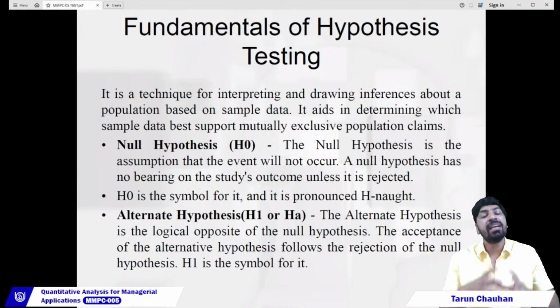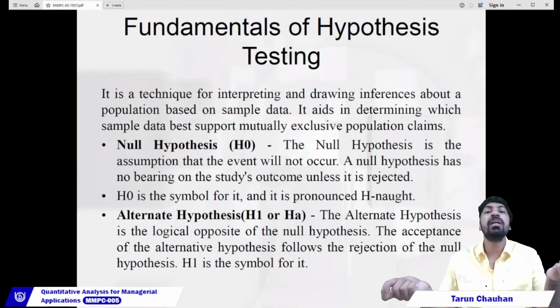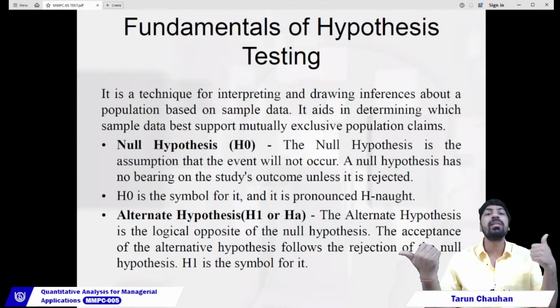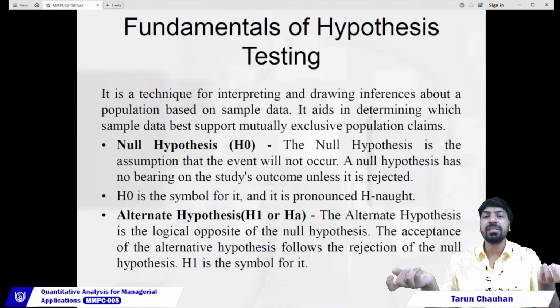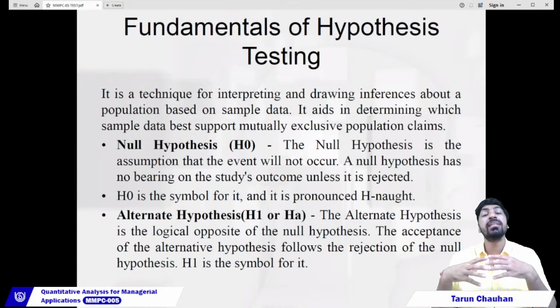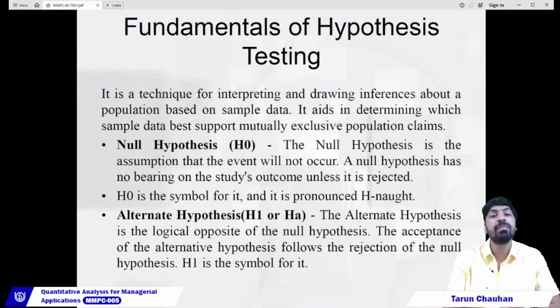Whatever declarative statement or assumption the researcher prepares based on the research, it means that there is a significant relationship between two variables. H1 is the symbol of the alternate hypothesis, and H0 is the symbol of the null hypothesis.